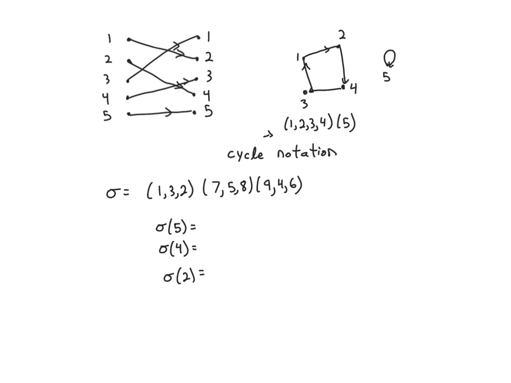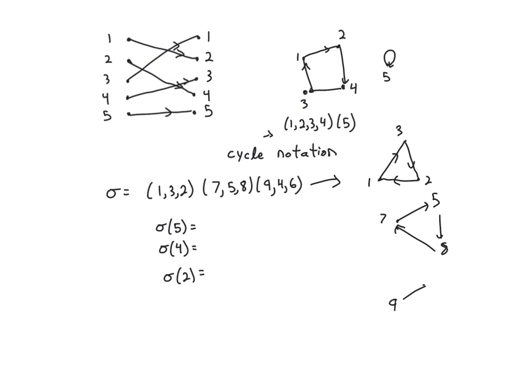For a permutation, it looks like this in general. So the visual depiction here is that 1 goes to 3, which goes to 2, which goes back to 1. 7, 5, 8: 7 goes to 5, which goes to 8, which goes back to 7.